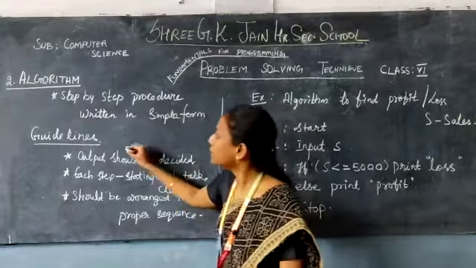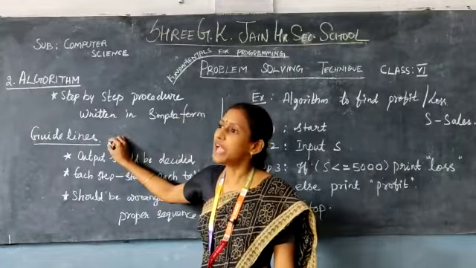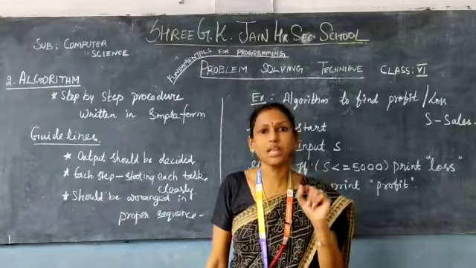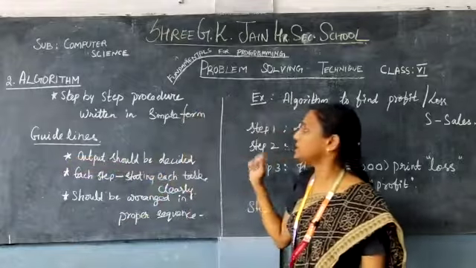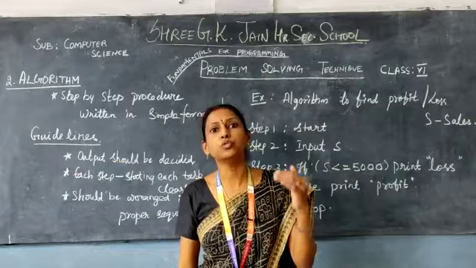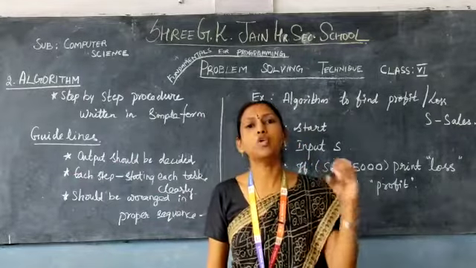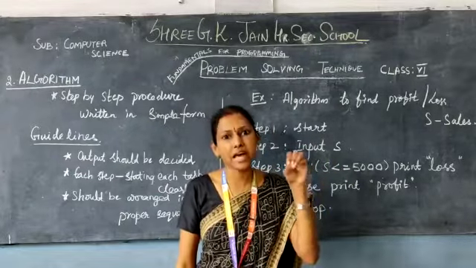Here we have given guidelines to write an algorithm. We have to consider them in our mind when we are writing an algorithm. See, first one is the output should be decided clearly. We have to decide the output, what should come after running our program, what output should be needed by ourselves.